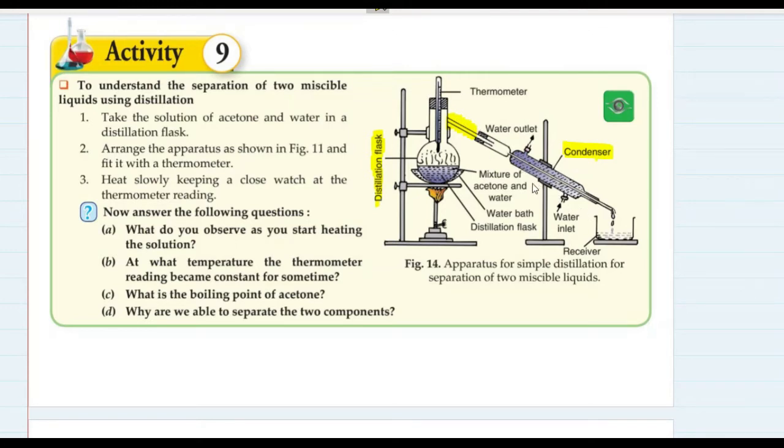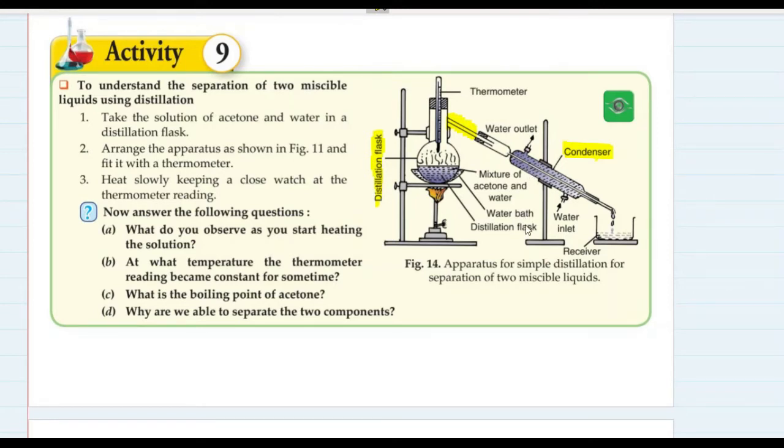And in the condenser, if you see, a small thin tube is passing. So vapors actually do not mix with this water. They enter this condenser through this thin tube which is kept at the middle of the condenser, so the vapors do not come in physical contact with the water.